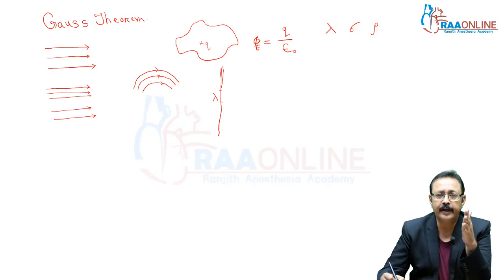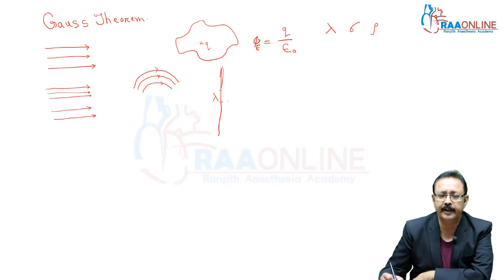Suppose I have an infinite long uniform linear charge distribution. At a nearby point, at distance r, what should be the electric field? In your school preparation, you proved this with the help of Gauss theorem.